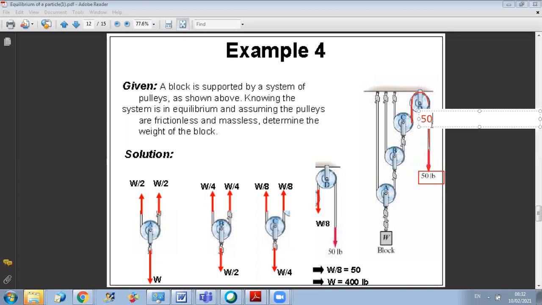And this cable is rolling over pulley C also. So I will continue with the same tension here, since it is the same cable. Anywhere I cut this cable, I will have the same tension, which is 50.